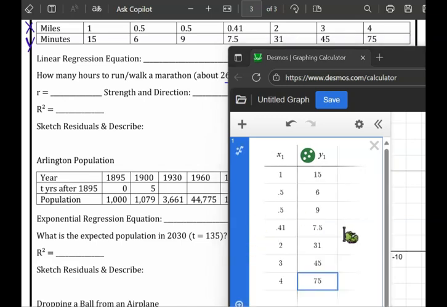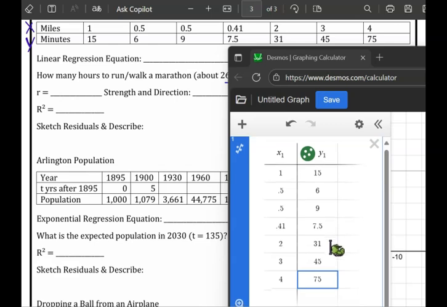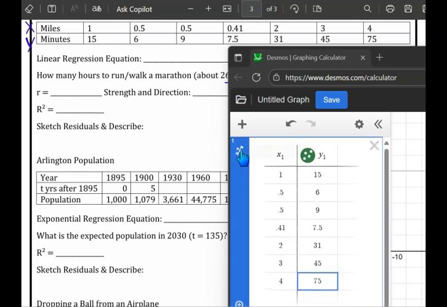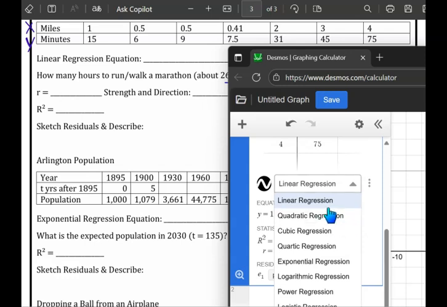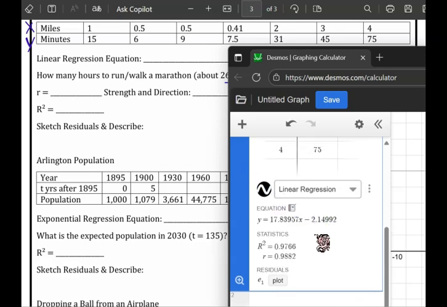Once you have typed in the values, double check that everything is inputted correctly. Once you've done that, click the regression icon next to the table, and it says linear regression. You could change it to a different regression depending on what you're looking for, but right now we're just going to do linear.